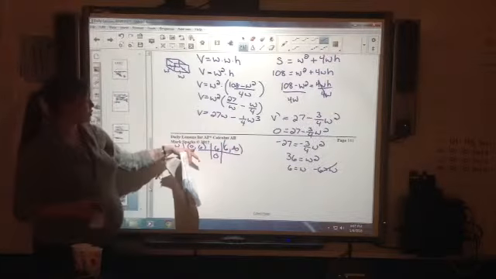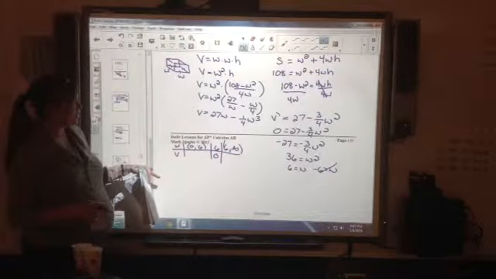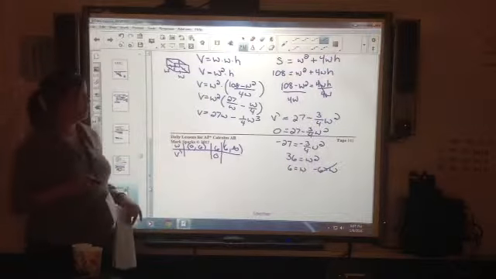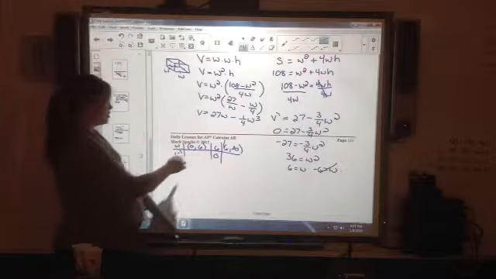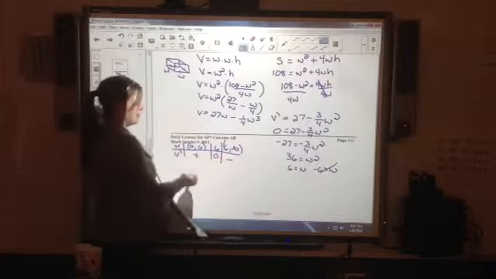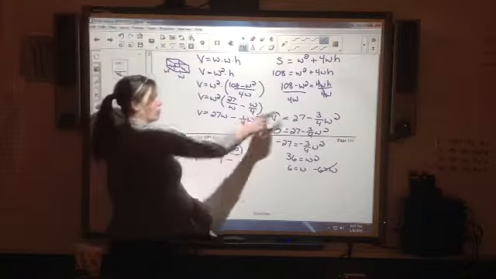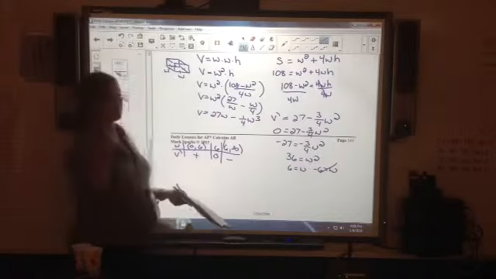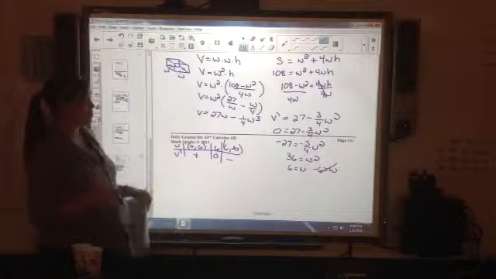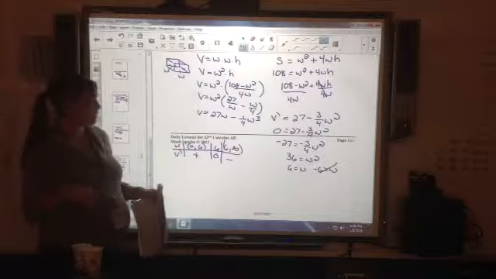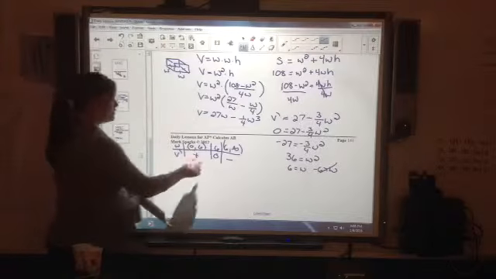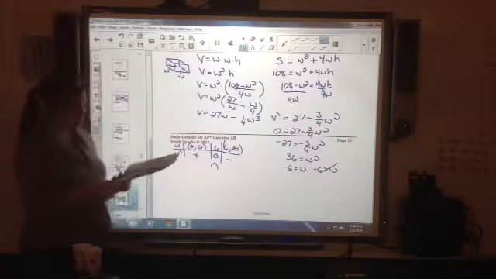And I put in a value between 0 and 6, and I figure out what is going on with my derivative. The derivative actually changes from positive to negative. So you can take my word on it, or you can put in the value of 1 somewhere over here, and you can see 27 minus 3/4, so it's going to be positive. 6 to infinity, you put in a positive value in between those, and you're going to get a negative V prime. So I see positive to negative, which means there's a relative max.